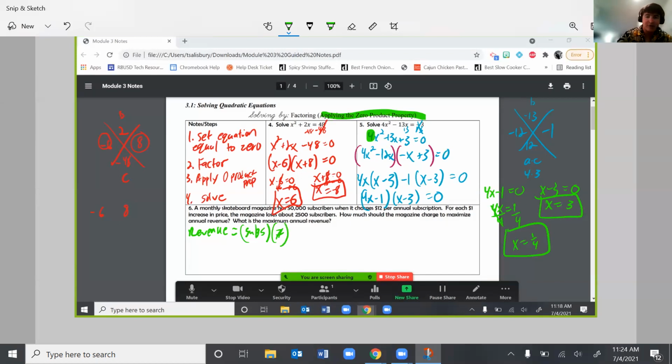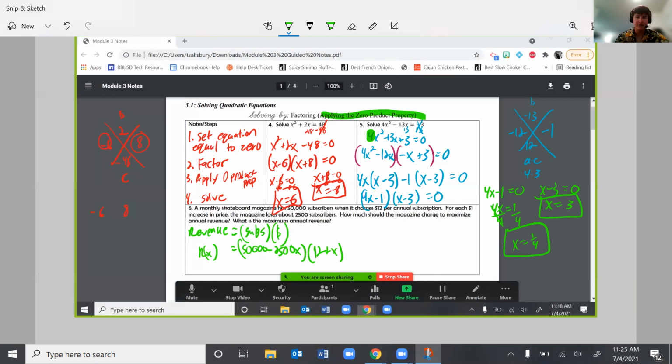Well, the number of subscriptions is going to be represented by that 50,000 subscribers minus 2,500 x per that increase in price. Now to talk about the money, it's $12 plus every extra dollar that you add. Well, R of x, the revenue, as a function.